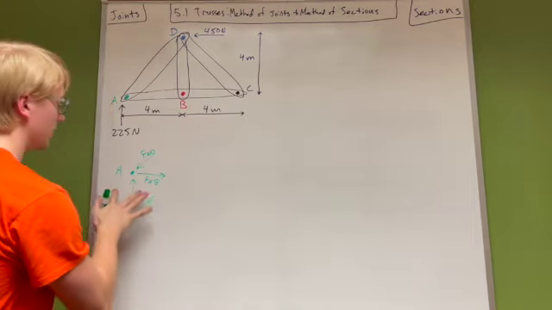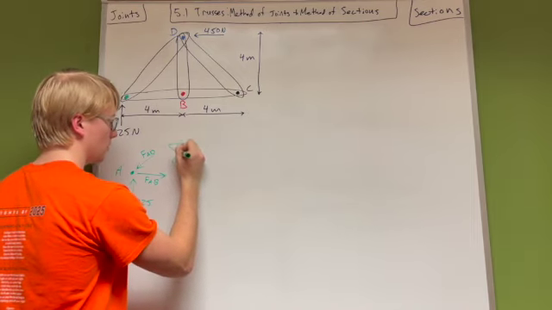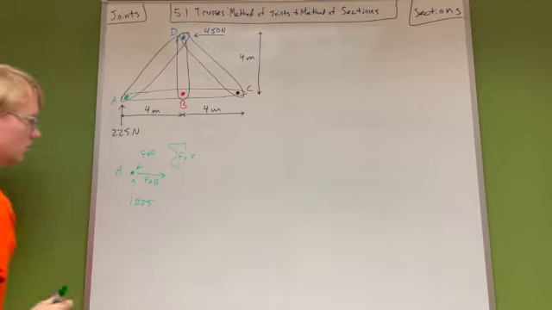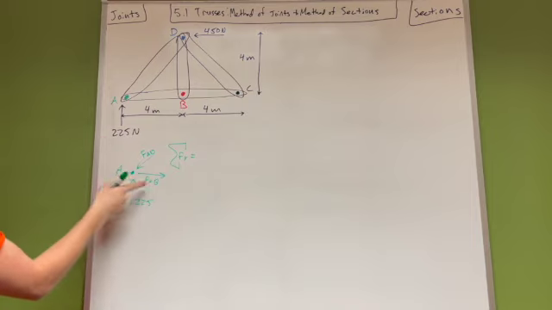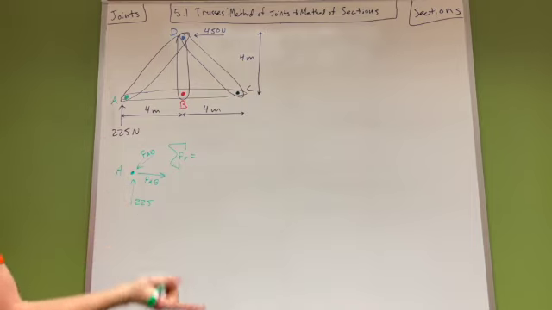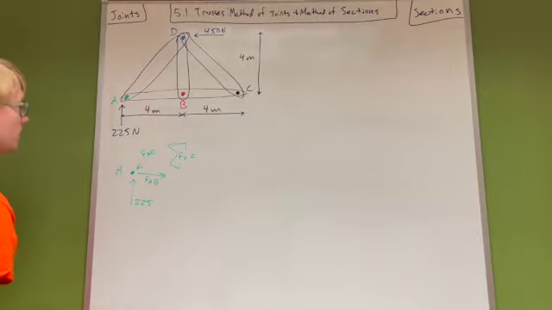And so we can sum the forces in the Y to find what AD is. And well, we're going to sum forces in the X to find FAB, but if we sum forces in the Y, we'll be able to find FAD.